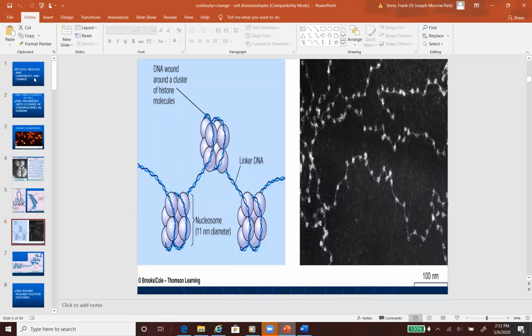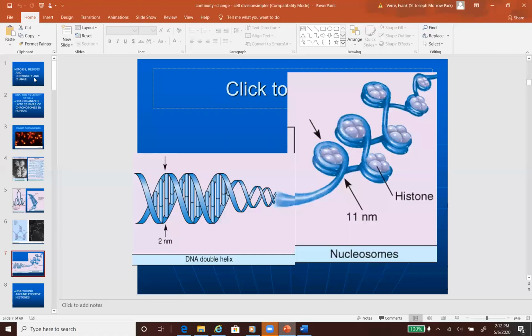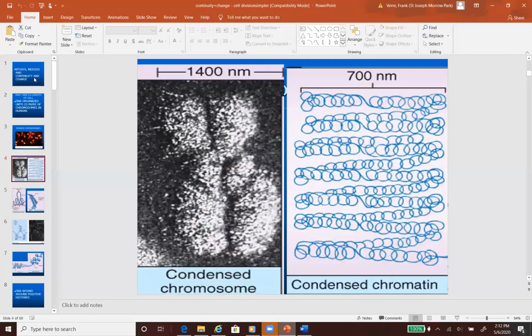Here's another image of that. If you keep zooming in, you can see there's your DNA structure wrapped around those proteins, which, again, look like this on the left when chromosomes are about to divide. We're going to talk about that during cell division.